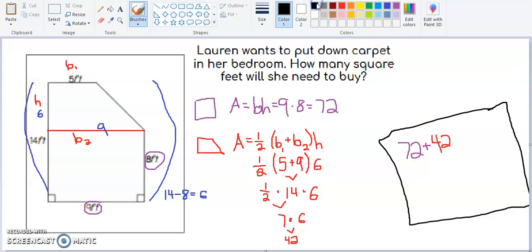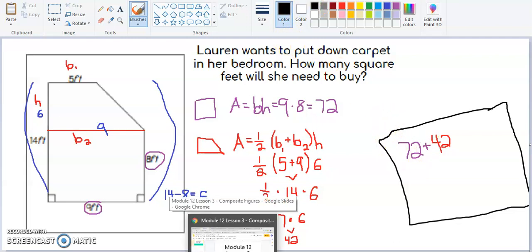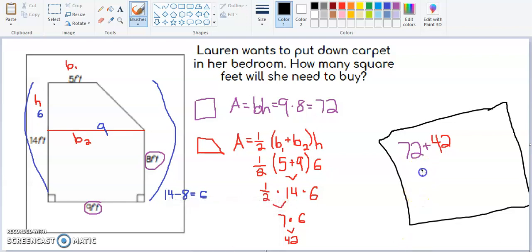And this is going to get me a total of 114. And of course I need a label because it's a story problem. So 114 feet squared. And that is how much carpet Lauren is going to need for her room. Okay? We're going to go ahead and go to our next problem.